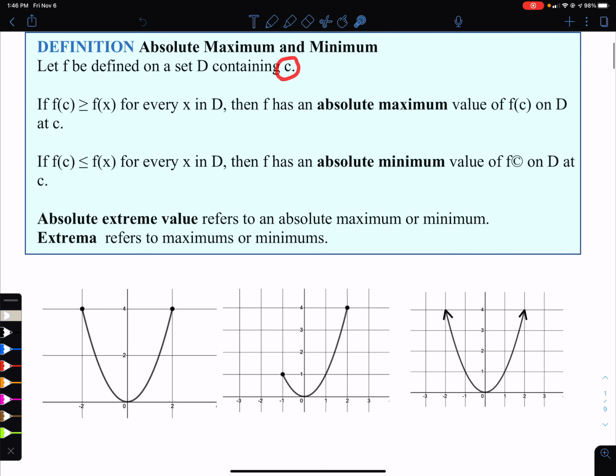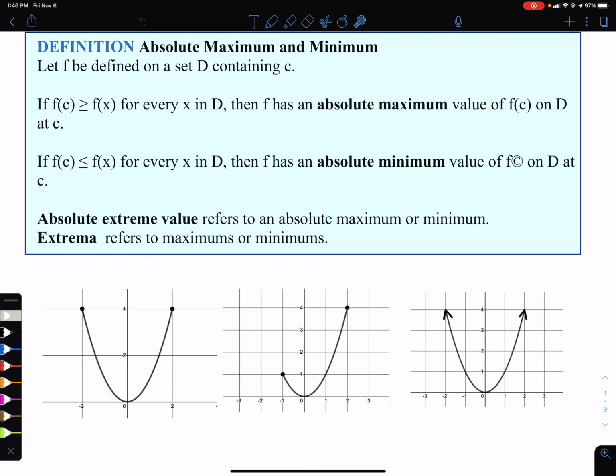For example, on this picture right here, D would be all the points from -2 to 2. So D would be the interval from -2 to 2, like the domain. That's the D. And c is any point. It's just some point in the domain of the function.